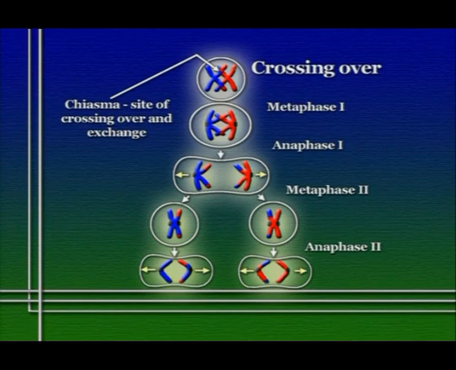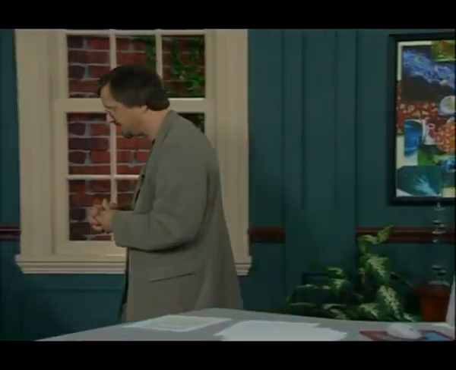But because crossing over is a relatively rare event, it doesn't occur every time, and in fact it only occurs rarely between any two genes. So if you do a dihybrid cross with genes that are on the same chromosome, you usually find that most of the individuals are the parental phenotypes, as you would expect for linked genes, but you also occasionally find just a few individuals that are the recombinant phenotypes.